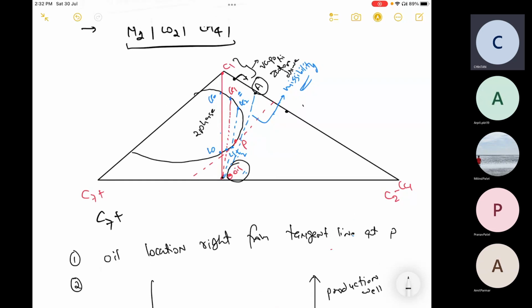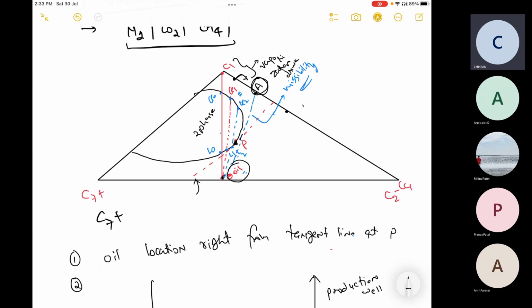My oil must be towards the right side of that line and my point should be above that A point. And what is A point? It is the maximum tangent line you can consider from P, from my oil. This A point is nothing but the maximum tangent line from my plait point and my oil point. And what is this line?